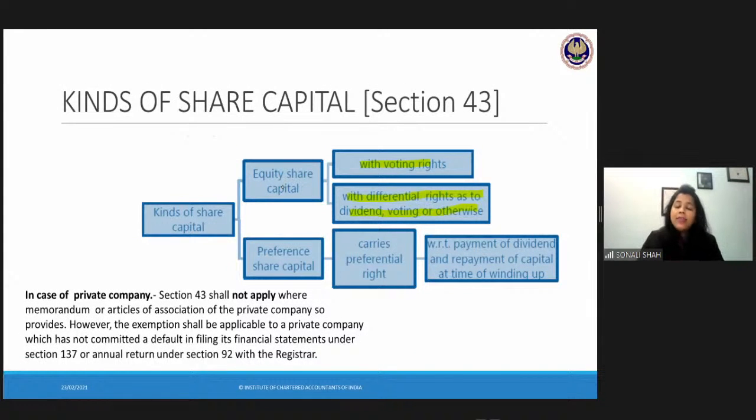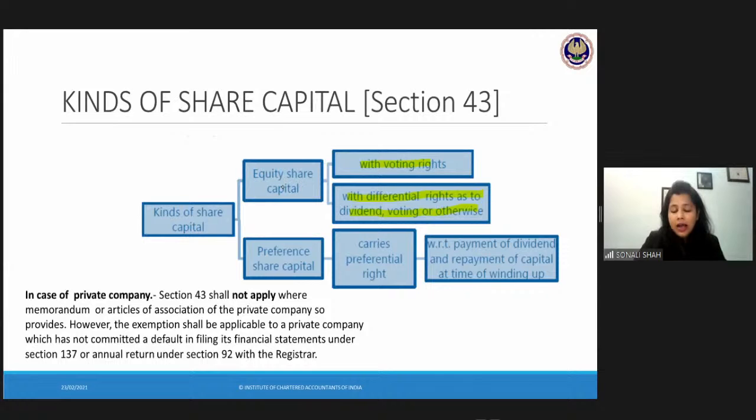So we know that a private company is governed by the Companies Act 2013, but there are several areas where a company has a right, or the memorandum or the articles of association overrules the Companies Act. So it is one of the situations where the memorandum or articles of association overrules.